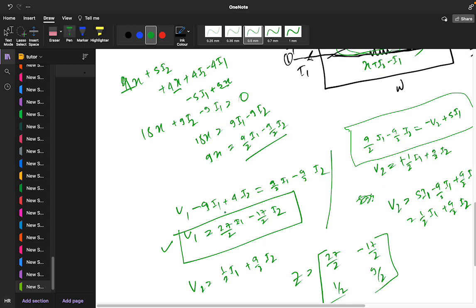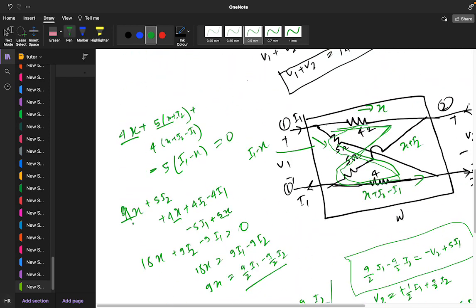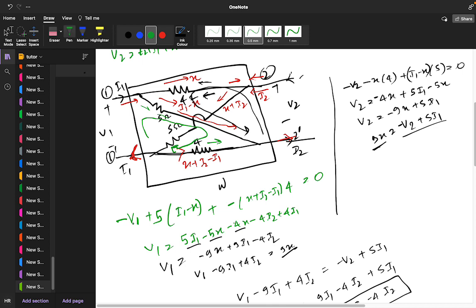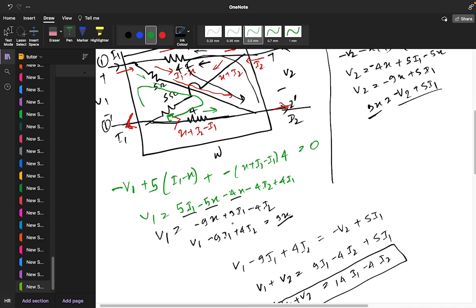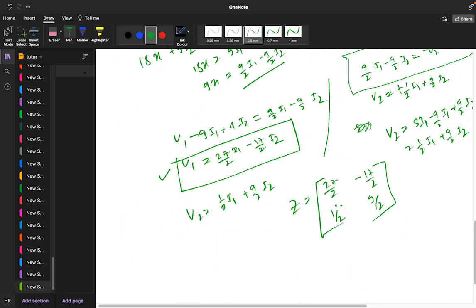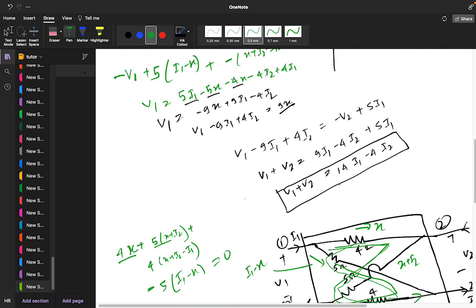So if we are equating this, wait, okay, just check it, because the answer we are getting is wrong. This value is correct, this value we are getting is right, but these two values are coming wrong. Just check it once again.